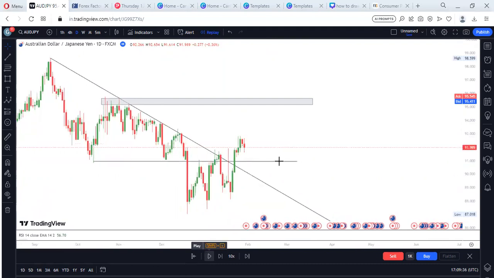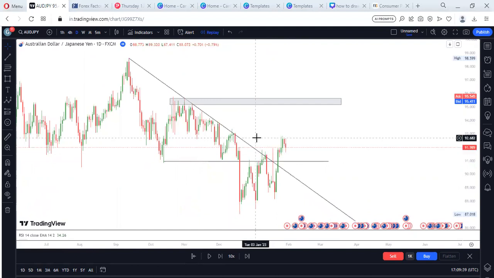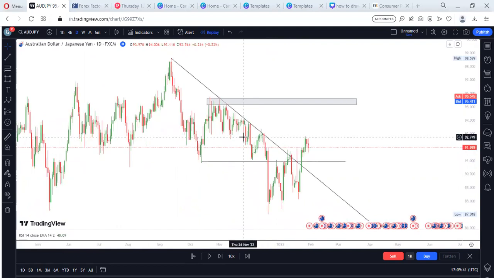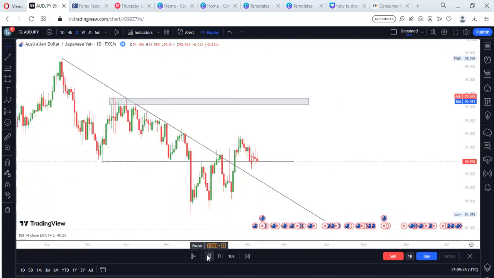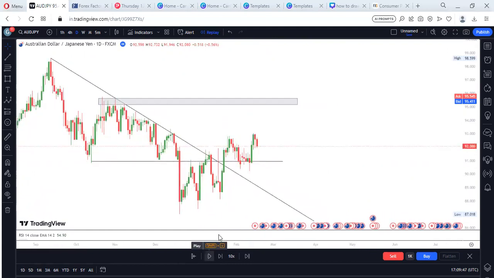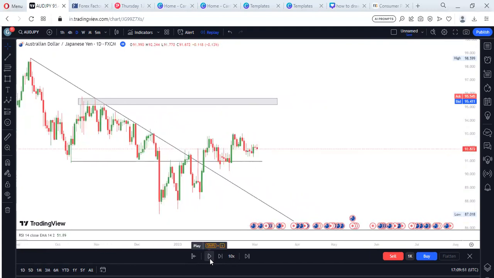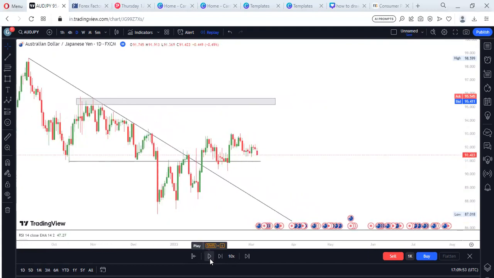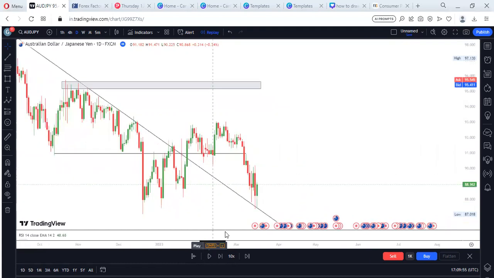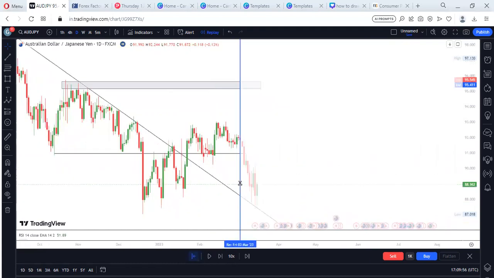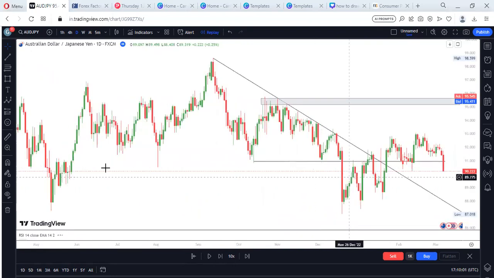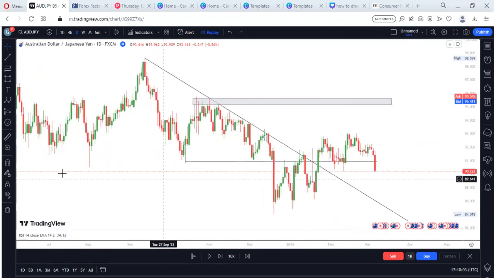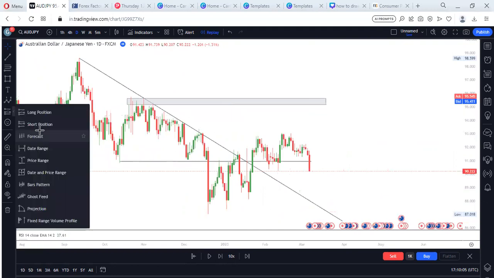And you see now price has broken our trend line. So I'll be going in right here for a short.